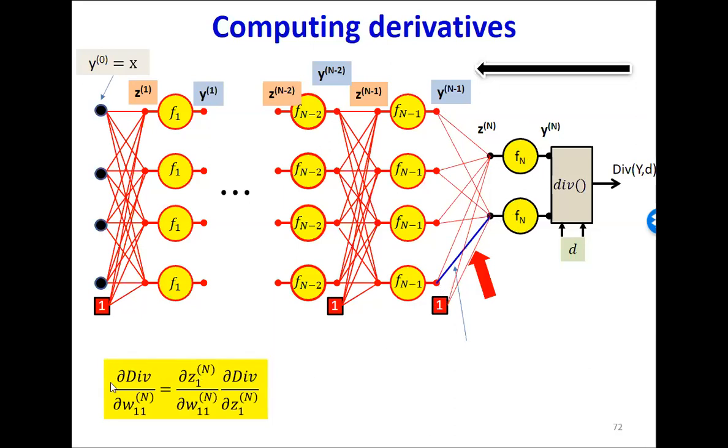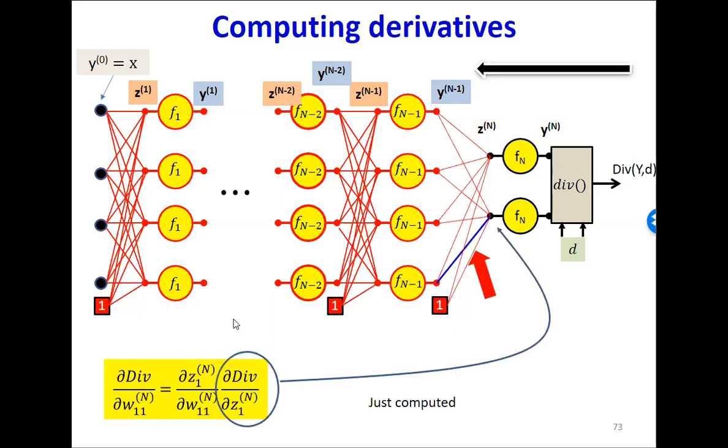So if I want the derivative of the divergence with respect to w11, using the chain rule, I can write that as the derivative of the divergence with respect to z1 times the derivative of z1 with respect to the weight. Correct? And the derivative of the divergence with respect to z, we just computed as we were going backwards. So the only thing that remains is now to compute the derivative of z1 with respect to w11.